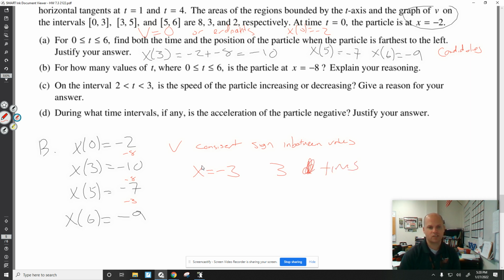Why does it have to be consistent? That way we're not going from -2 to -9 to -7 to -10. If that would have happened, your velocity would have hit another 0.